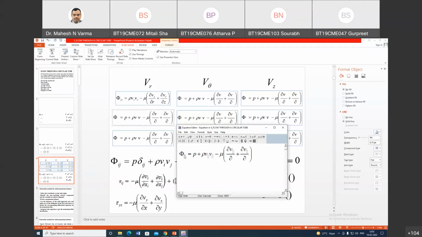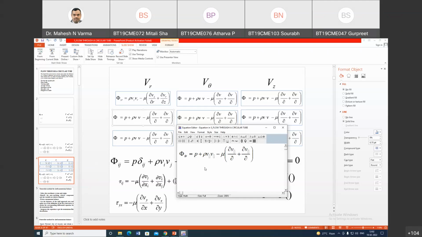This one, i suffix. Sir, it will be phi theta z. Oh, theta r. So it will be phi theta r.